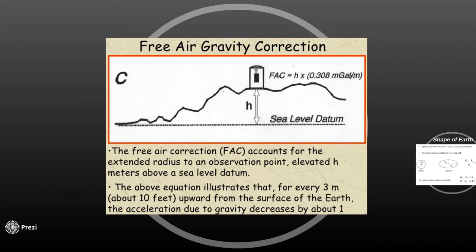The free air correction is equal to the height times a certain value. What does this value mean? As we go above the sea level datum, the gravity attraction changes by 0.308 milligal per meter, and therefore we have to multiply it by the height.